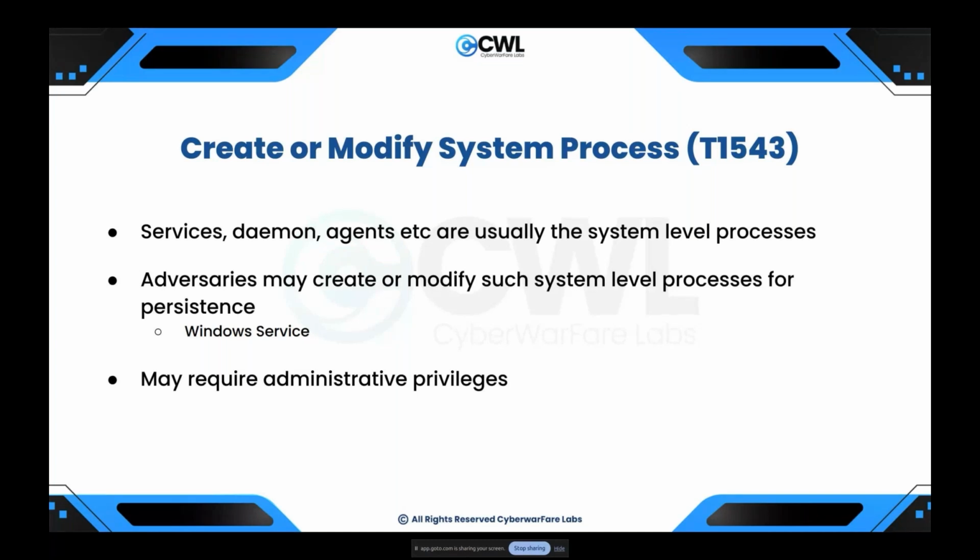They communicate through the network and do a bunch of stuff in the background. Third party applications can also register services in the system. One common target in Windows that attackers can use to persist through the services mechanism is the Windows service. To register or modify a service, the attacker may require administrative privilege.